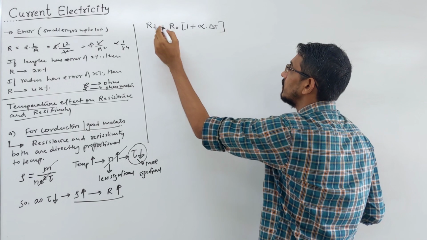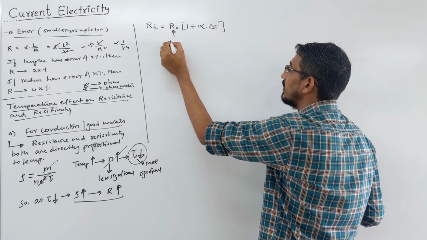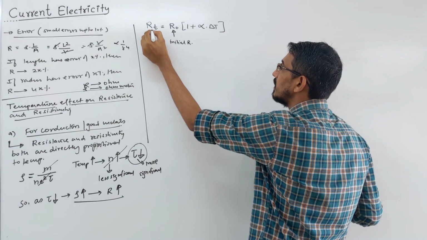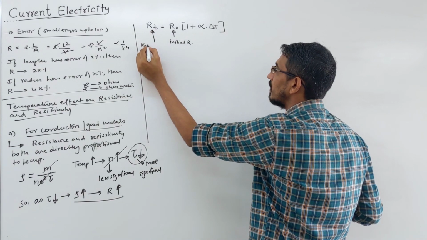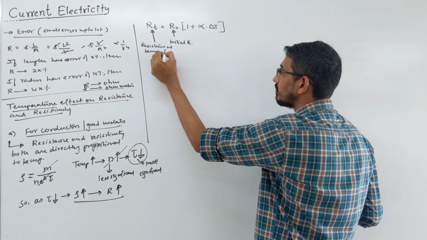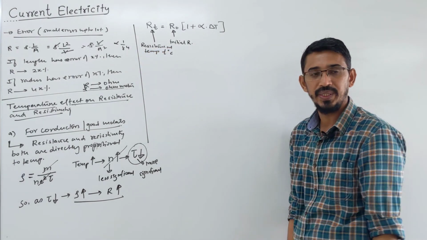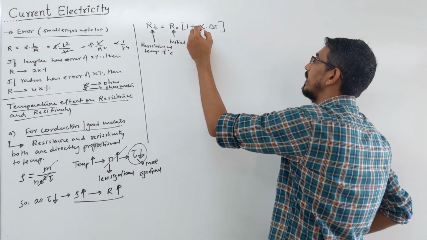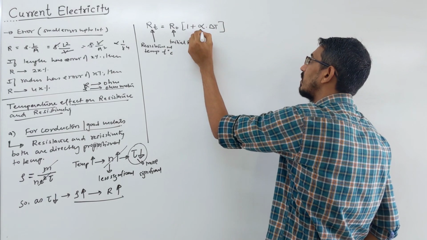This is your initial resistance, and this is the resistance at some temperature T degrees Celsius, to which you are heating that wire.